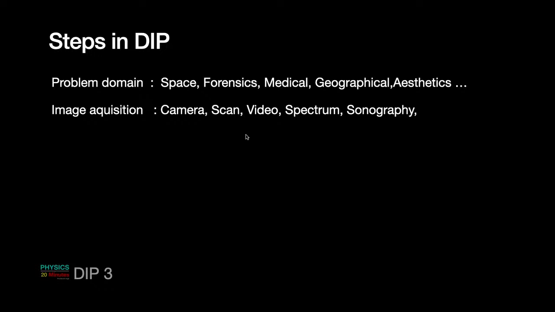But this is the image I'm talking about in the visible light section. Your image can come from various other parts of the spectrum, and those cameras don't look like our normal regular camera. For example, if some equipment is capturing gamma ray radiation from a distant supernova, then that will not look like an ordinary camera.